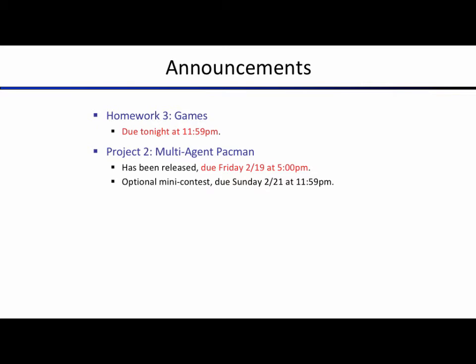Okay, so that's the probability of ending up at S prime given that you started in S and took action A. So that gives us some probability for this S prime, some probability for some other S prime here, some probability for some other S prime there.